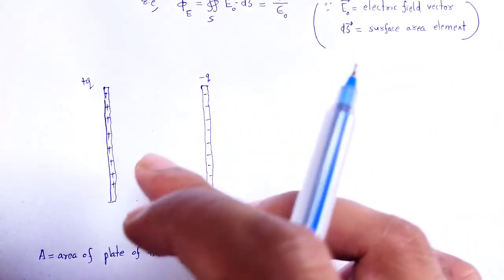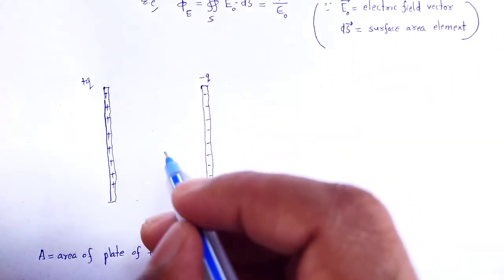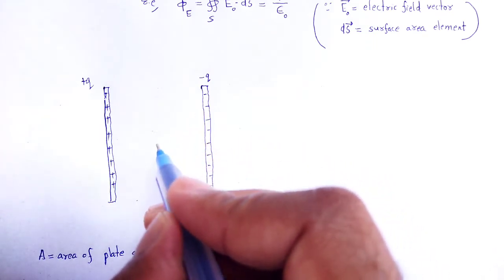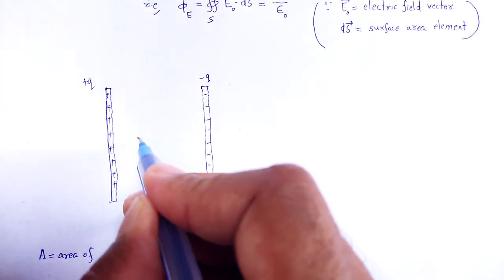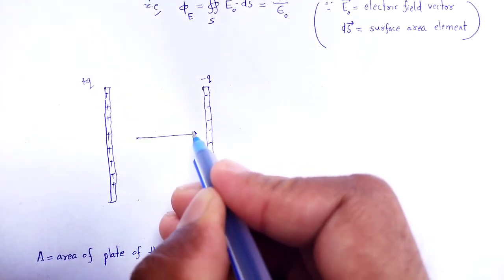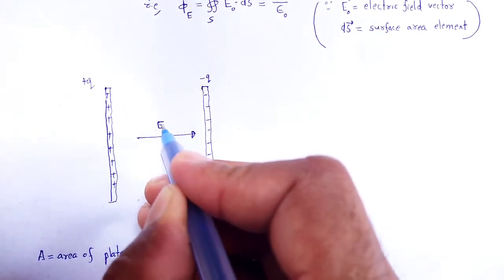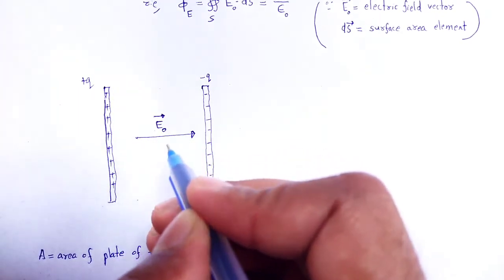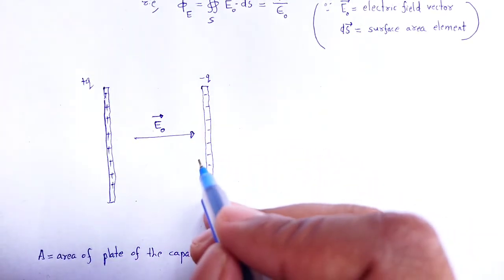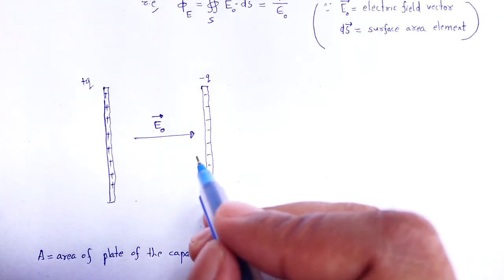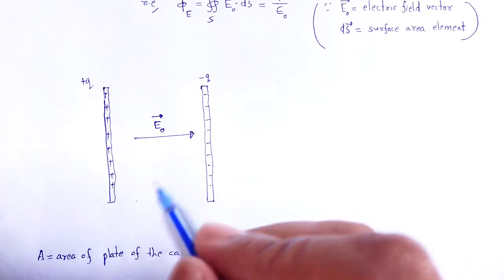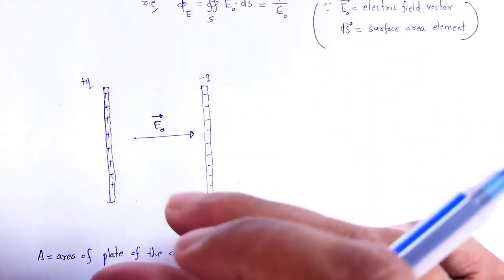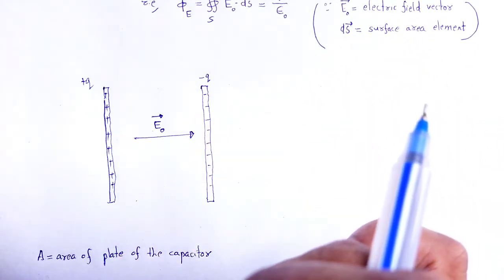Let E naught be the uniform electric field between the plates of the capacitor. Here we have to choose the Gaussian surface.